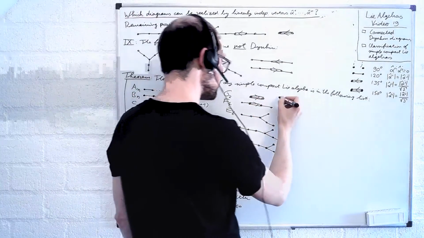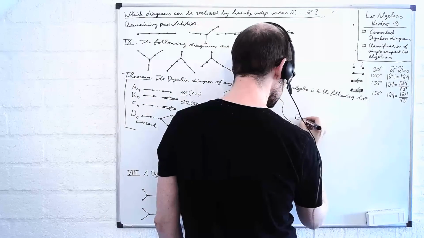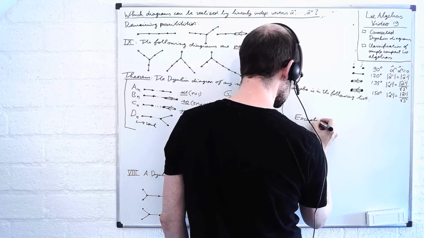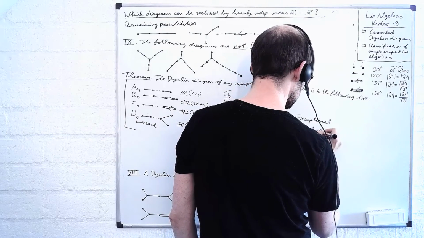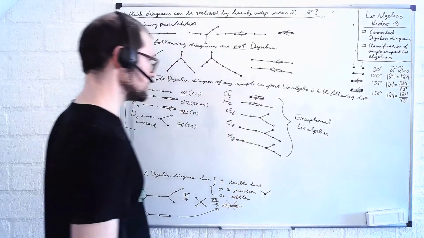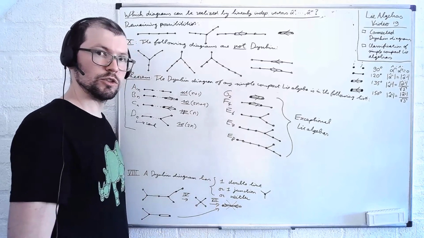And this list of 5 remaining groups are called the exceptional Lie algebras. And they really do exist. So one can actually construct the corresponding Lie groups.